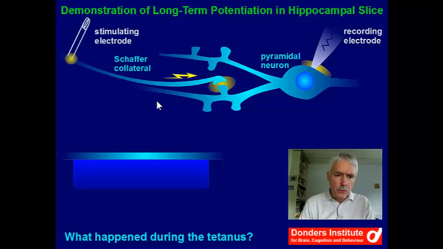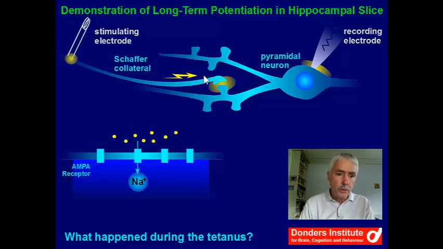Now, to do that, I'm going to show you a bit more detail here of this membrane, the postsynaptic membrane. There it is. And what I'm showing now are receptors. These are so-called AMPA receptors. They are receptors for the neurotransmitter glutamate.